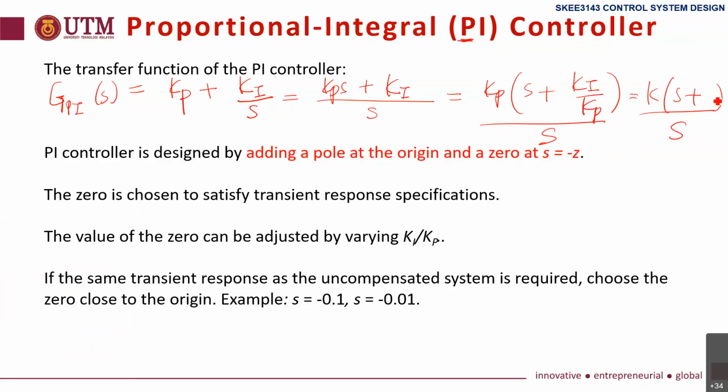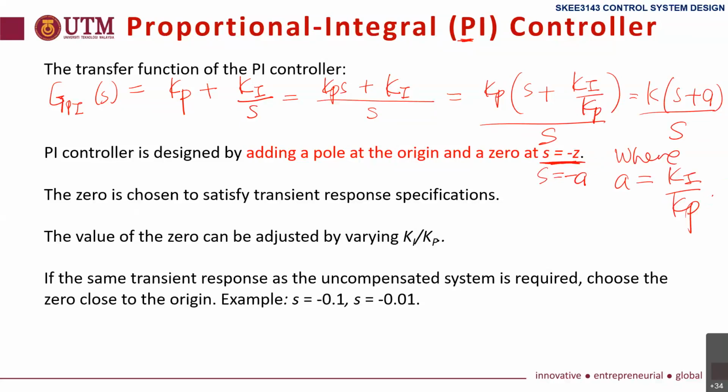S plus A over S, where A is KI over KP. In the notes I use S equal to minus Z, or S equal to minus A, the same. Okay, here I use Z.